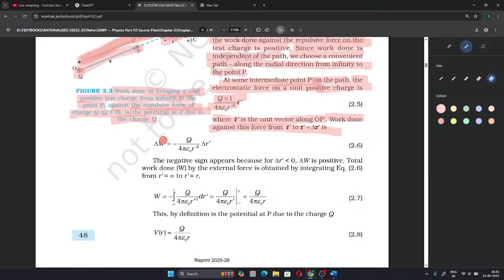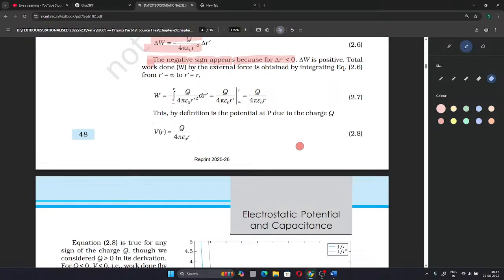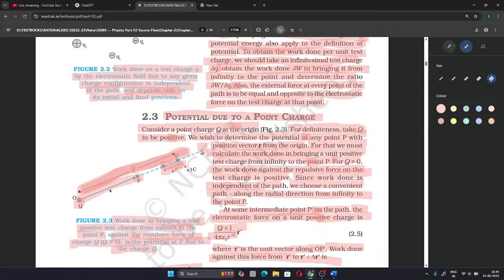What we are calculating here is the work done, or the change in work done. The negative sign appears because delta R' is smaller than 0, because we are moving from here to here and the overall distance is reducing.